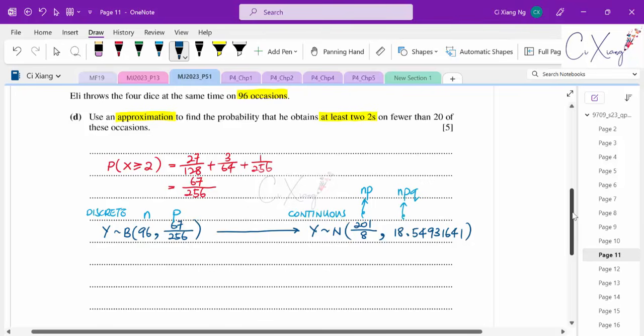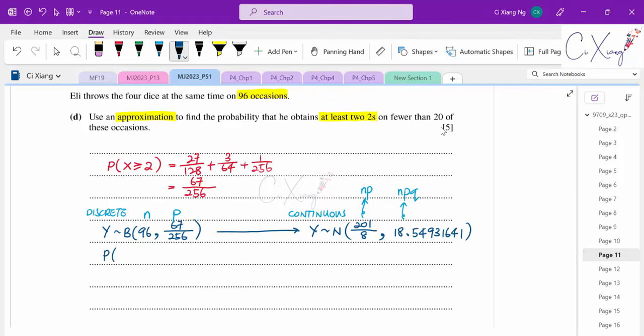Okay, so we'll start to calculate the probability now. They said fewer than 20 of these occasions, so the number of occasions is less than 20, no equal sign. Now I apply the continuity correction, so the continuity correction for smaller than 20 should be 19.5.